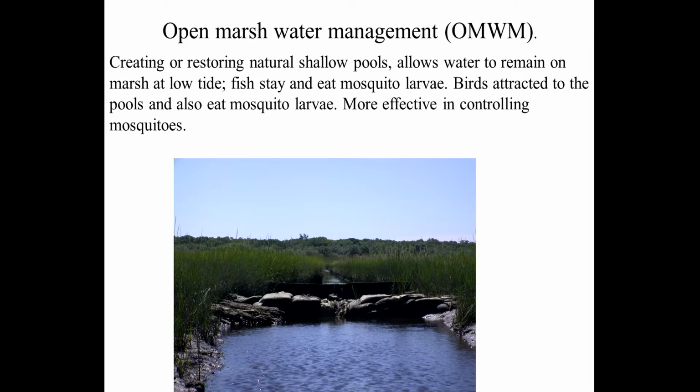It will also attract some birds and stuff to keep the pool. So it's quite the opposite approach. And it isn't 100% effective either. Nothing's going to be 100% effective in mosquito control. But this seems to work better than the ditches. And slowly, very slowly, those ditches begin to fill in and go away.